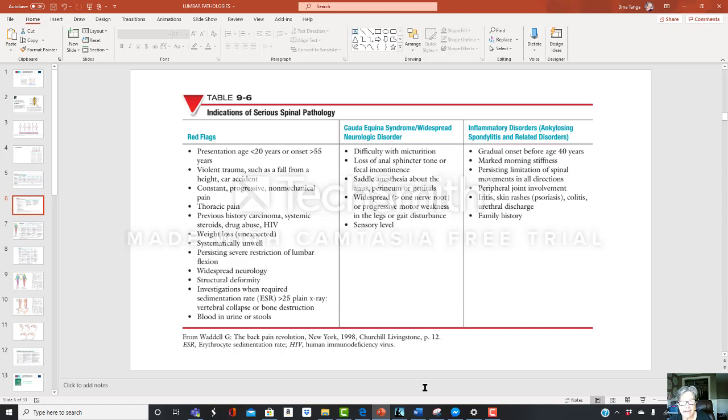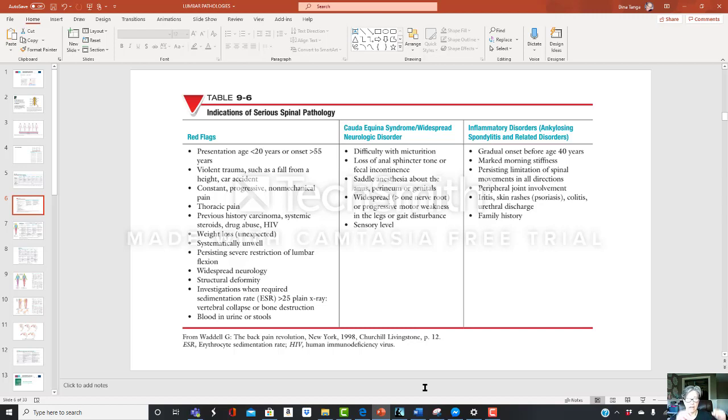Previous history: cancer, systemic steroids, drug abuse, HIV. Unexpected weight loss. Systemically unwell. Persisting severe restriction of lumbar flexion. Widespread neurology. Structural deformity.